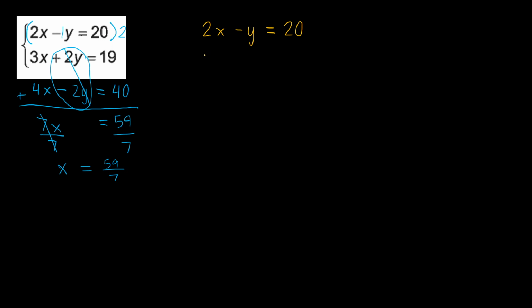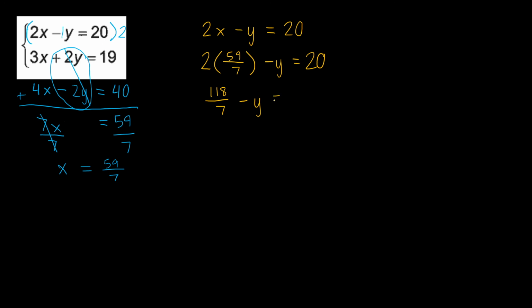Okay, so now we need to plug in 59 over 7. Okay, 2 times 59 over 7. Man, this is not working out very neatly. You've got 118 over 7 minus y.